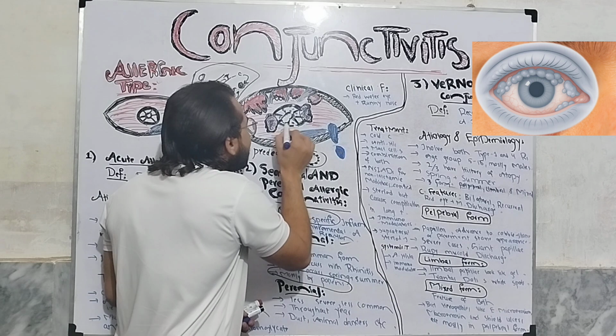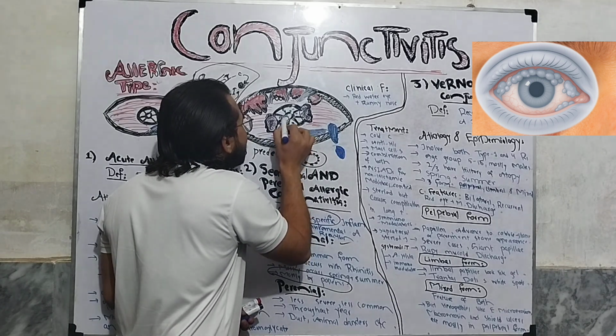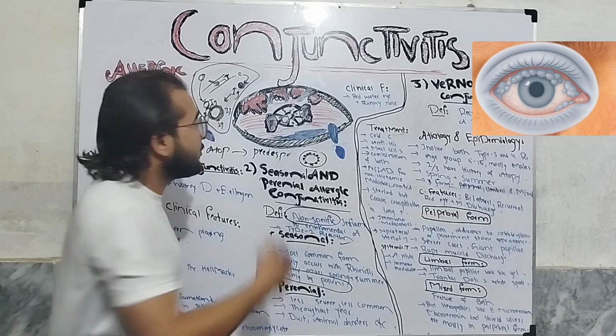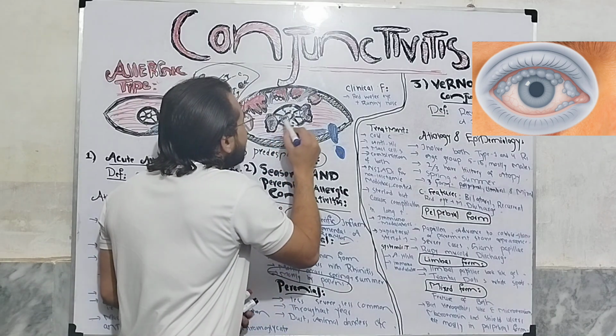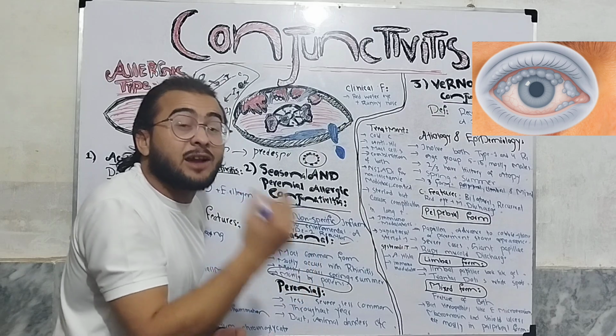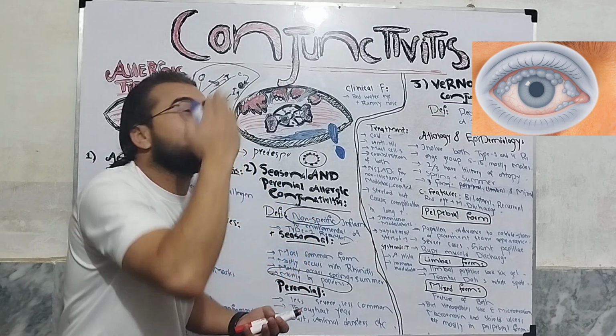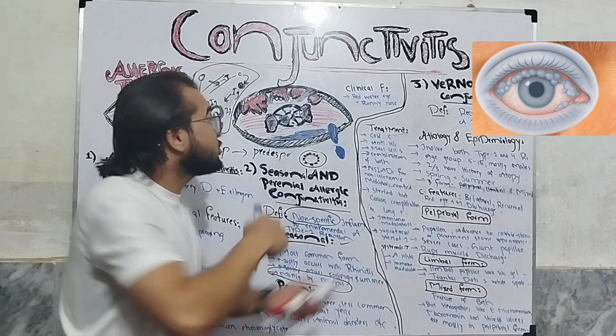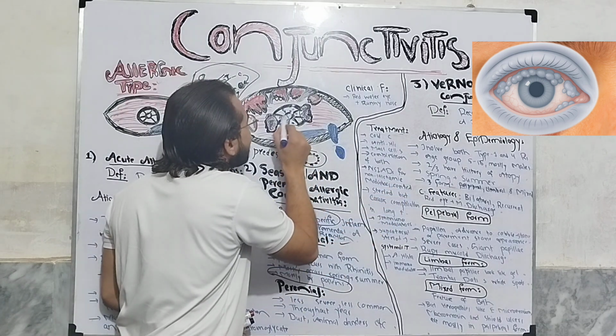So when these macro erosion ulcers are covered by desiccated mucus, it will be called a shield ulcer, because the ulcer has been shielded by the desiccated mucus. The dry mucus will come and cover the macro erosion ulcer. So these are called shield ulcers.